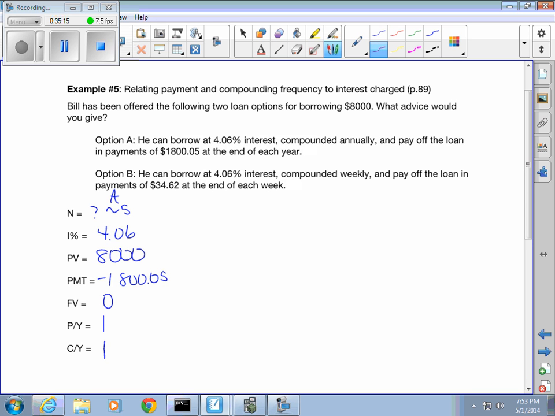Option B then. We're trying to find N. So he can borrow it at 4.06%, compounded weekly. So our compounds then are 52 times a year, and pay off the loan in payments of $34.62 a week. So that's weekly payments. Future value is 0. $34.62 are our payments, and again, it's that $8,000 that he's borrowing.